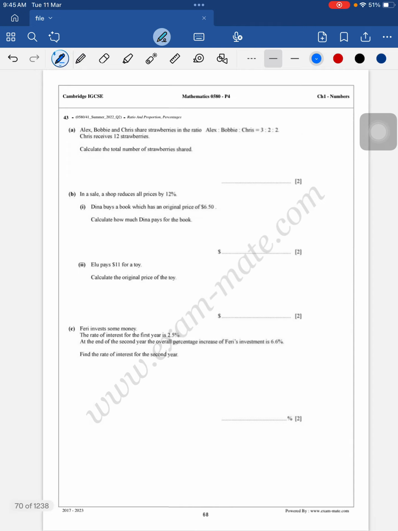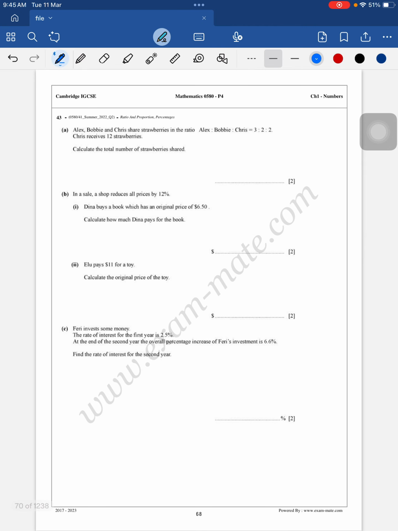Clear? Question number 43. Alex, Bobby, and Chris share strawberries in the ratio 3:2:2. Chris receives 12 strawberries. Calculate the total number of strawberries shared. So Chris's share is 12 strawberries, right?